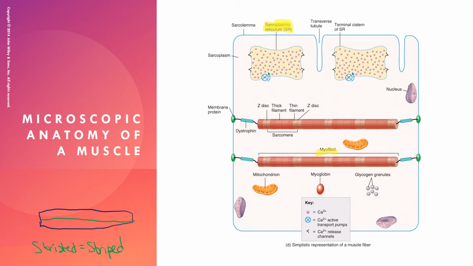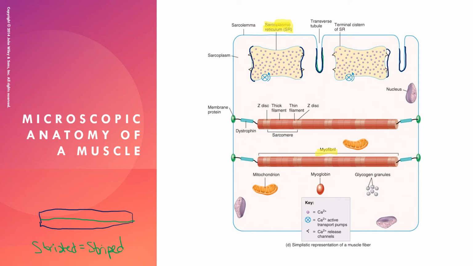There are dilated end sacs of the sarcoplasmic reticulum, and these are called terminal cisterns. These will butt against the T-tubule on either side. So you'll have a terminal cistern on each side, which will come into contact with the T-tubules.